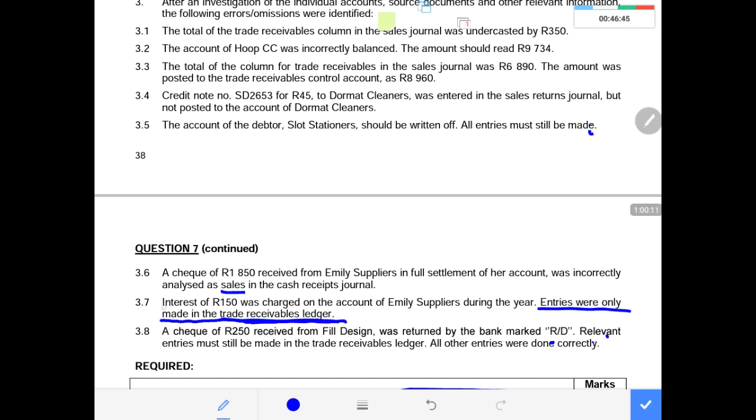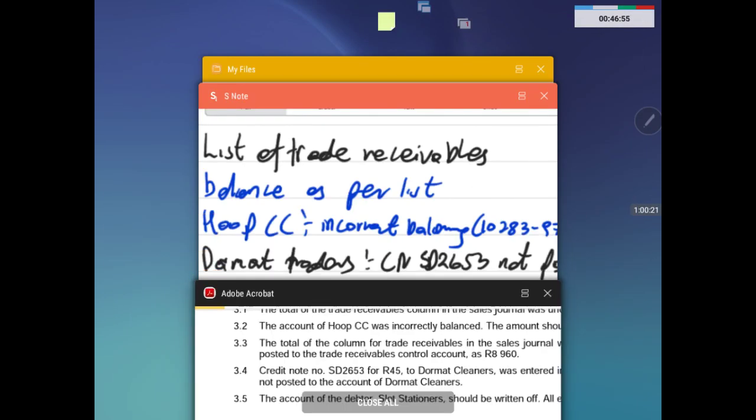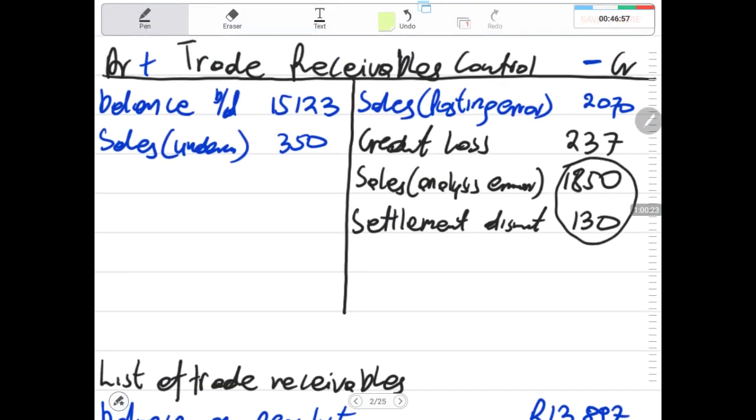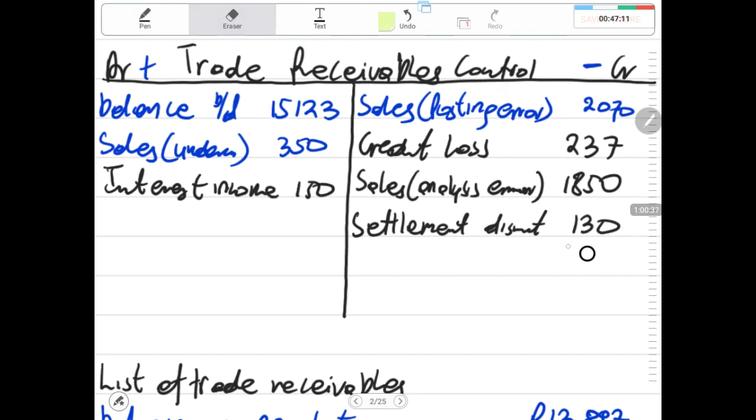Then that means the 150 must still be recorded where in the control account, trade receivables control account. That must always be specified sometimes. So now we only have to account for this on the debit side of the control account, which is interest income, 150 rands. So that one has been accounted for.